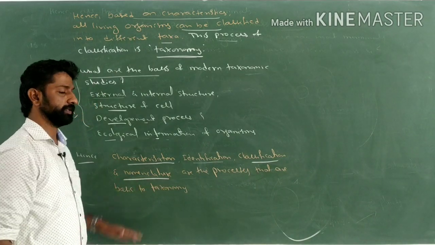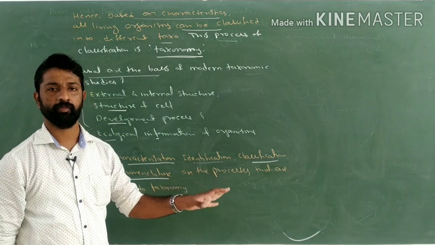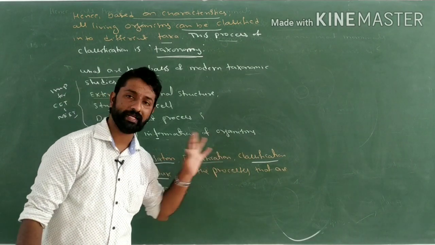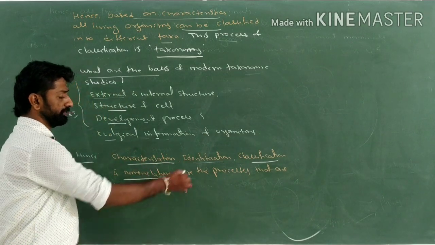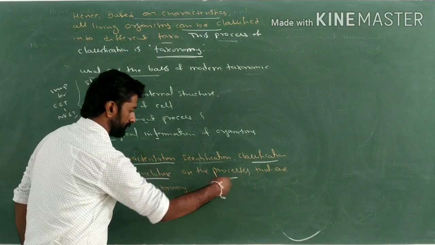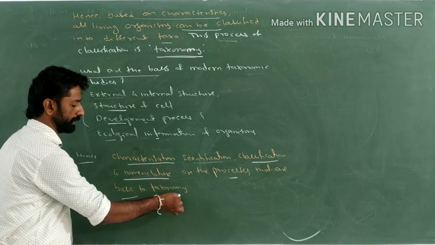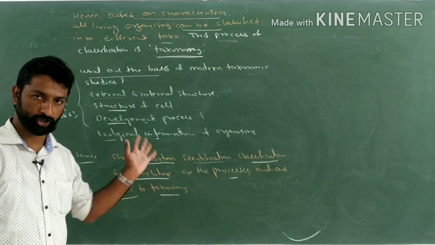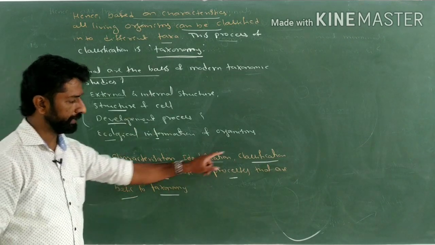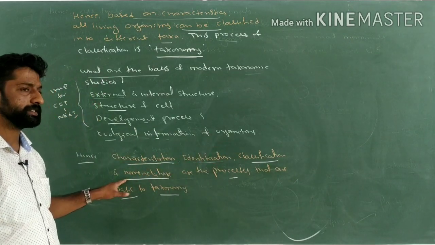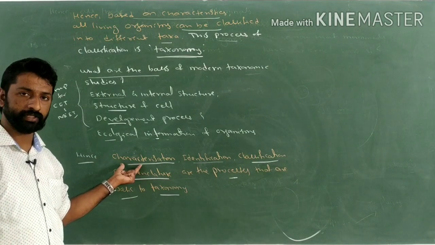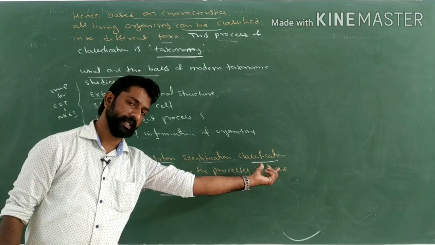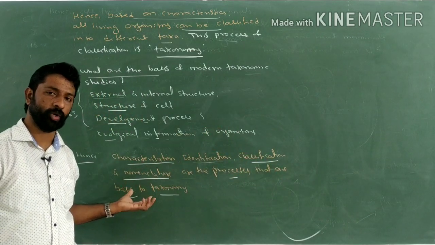What do you mean by nomenclature? It is assigning a scientific or biological name to the organism based on the characterization, identification and classification process. So remember the sequential order, CICN: C for characterization, I for identification, C for classification, N for nomenclature.